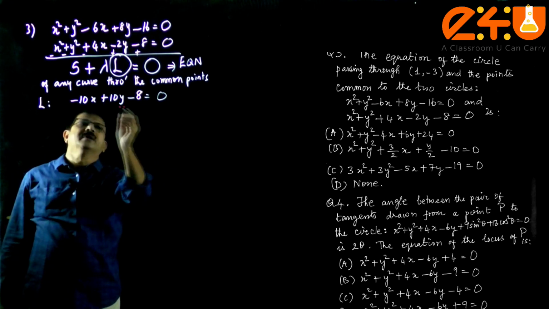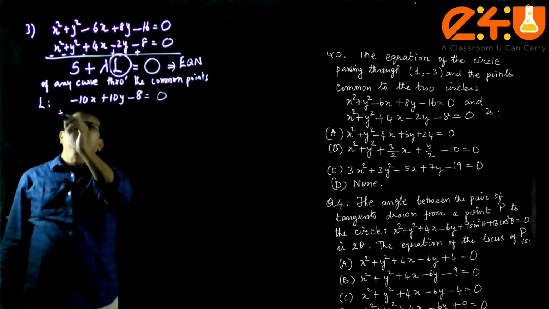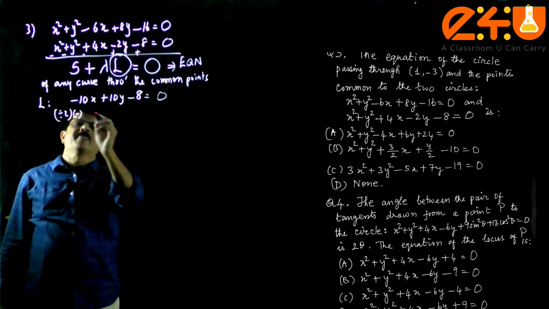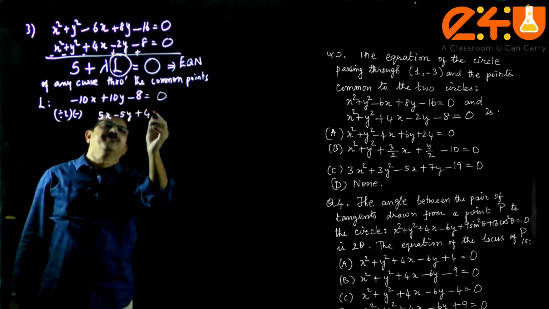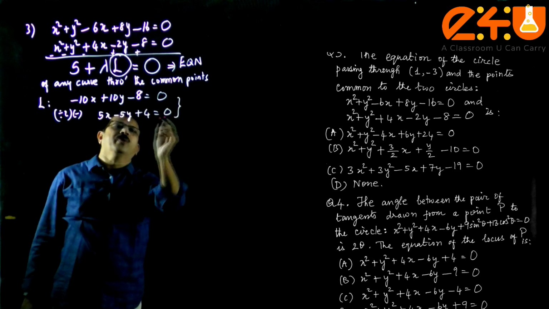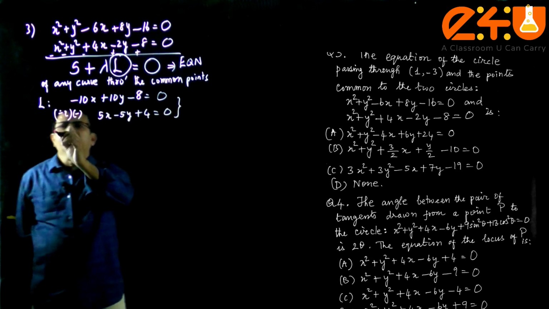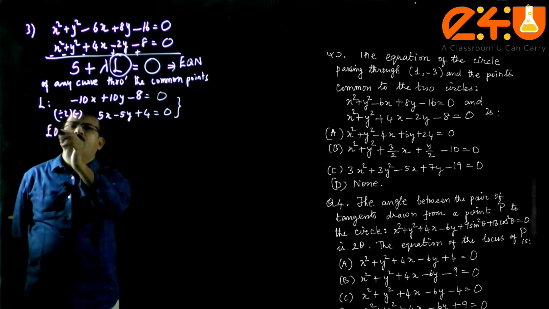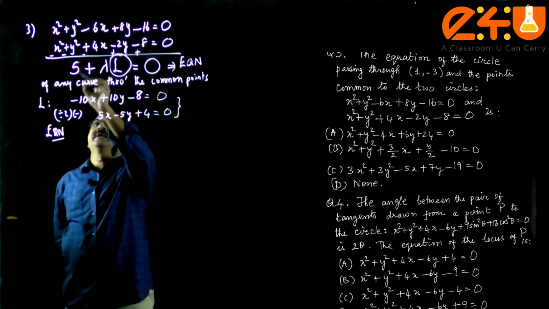Fine. So let us make some simplification. Let us divide by 2 and also change the sign. So we get 5x minus 5y plus 4 equal to 0.